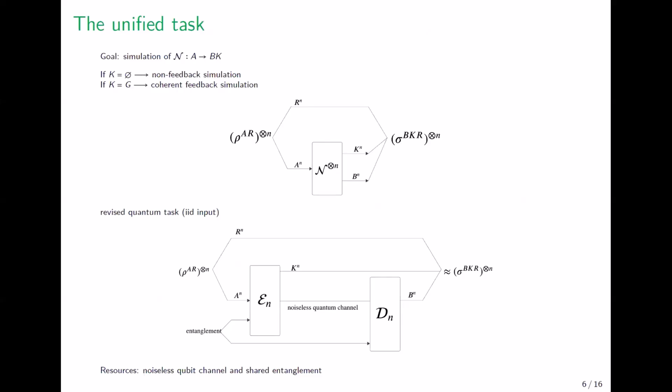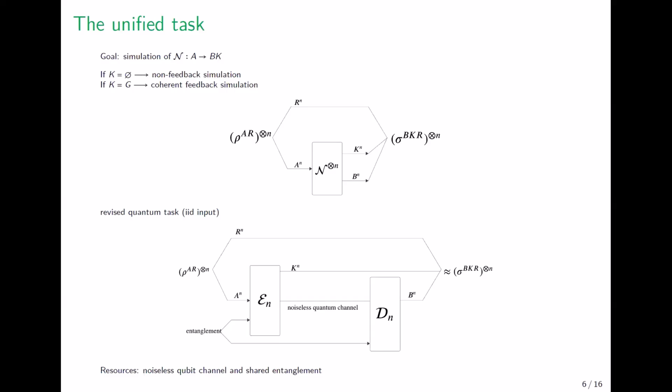Assume that we want to simulate a channel. I said that in the classical case, both systems A and R are classical. In the quantum case, this is just a pure state. We assume that this is a general mixed state. It can be anything. It can be pure, it can be fully classical, and it can be anything in the middle. And then we want to simulate this channel, and we want the encoder to retain this K system.